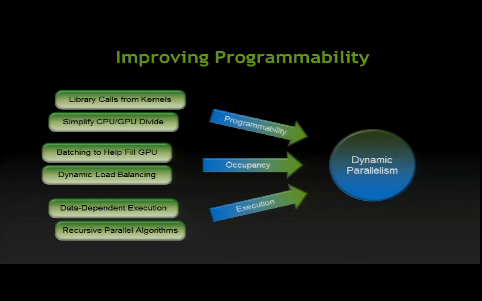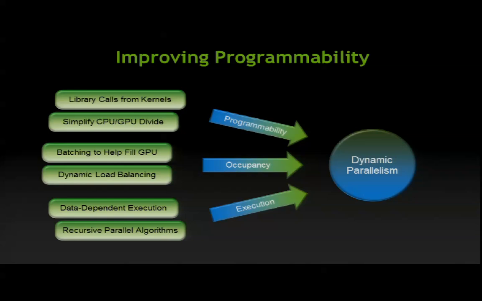There was another thing that came out in this analysis of the different workloads that were used on Fermi GPUs. There was a set of applications that were very hard to get good performance on with GPUs. One thing was that there was no way of making library calls from kernels, and it's always hard to make sure what part needs to be on the CPU and what part needs to be on the GPU.